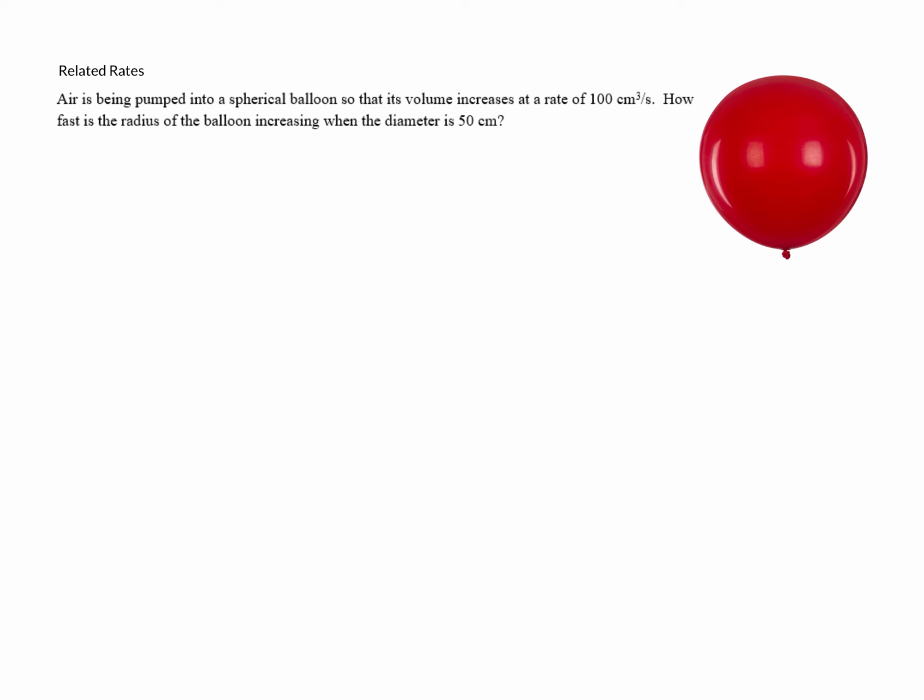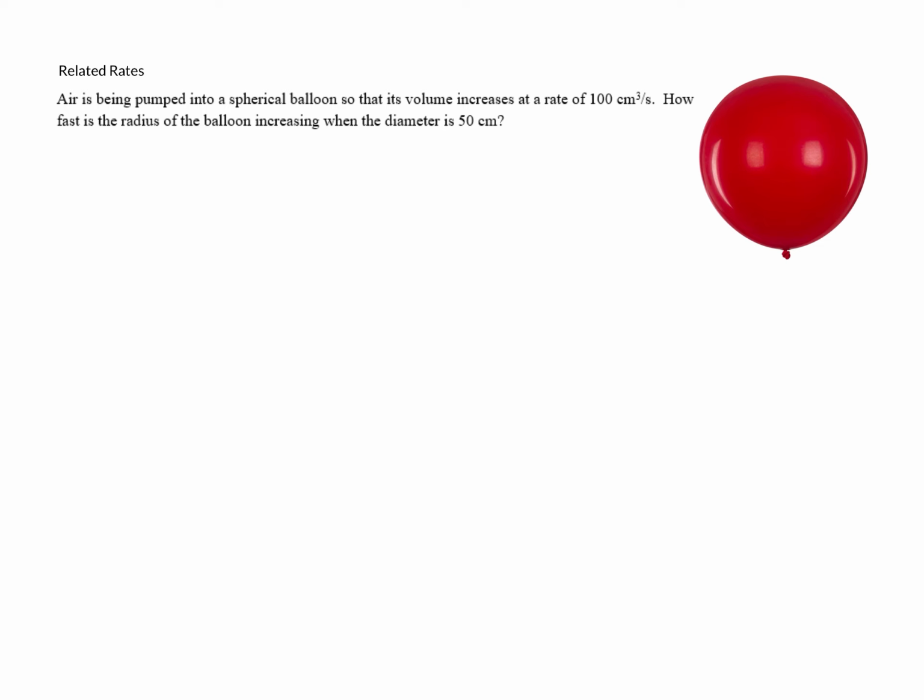Now, the volume is increasing at a constant rate, but the radius is not going to be increasing at a constant rate. If we think about how we blow up a balloon, usually it starts to grow very quickly for the first few seconds. The radius grows very fast because it doesn't take too much air to increase the radius at first.